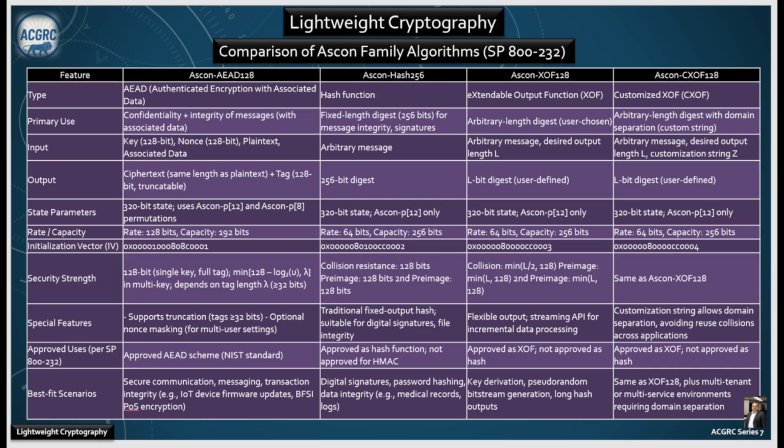Whereas the Hash256 Ascon family is used for digital signatures, password hashing or data integrity, primarily around medical records.